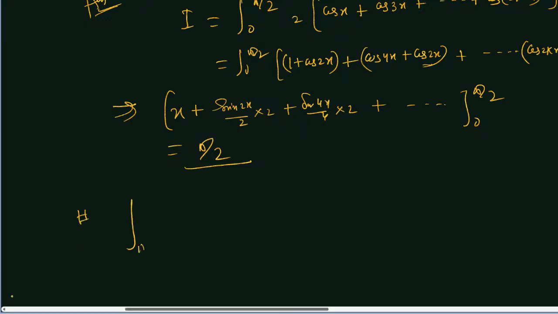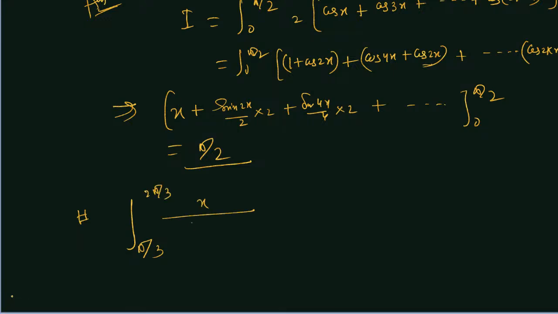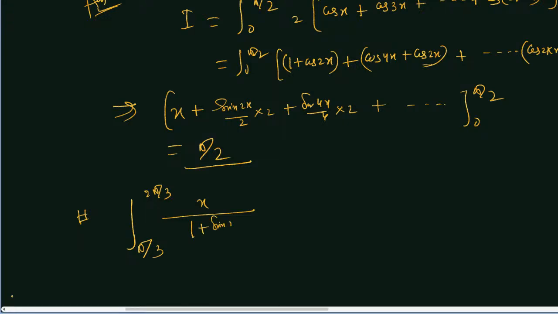I equal to the integral from pi by 3 to 2 pi by 3 of x by 1 plus sin x dx. Which property is to be used? You will always think first, which can be used maximum. That is, check and then go for the sum.